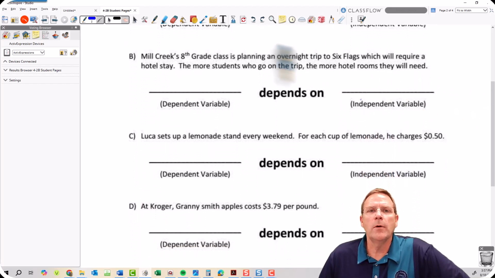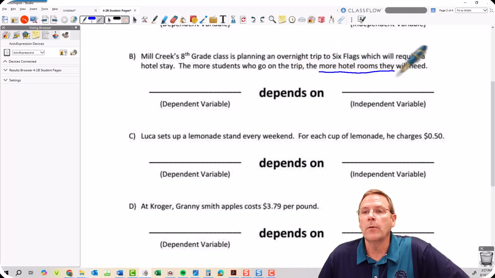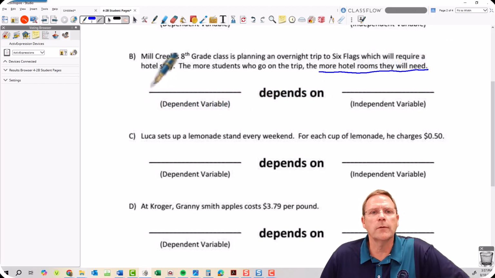Next, we have Mill Creek's 8th grade class is planning an overnight trip to Six Flags, which will require a hotel stay. The more students who go on the trip, the more hotel rooms they need. So the dependent variable right there is going to be how many hotel rooms they need. So that's going to be your number of hotel rooms.